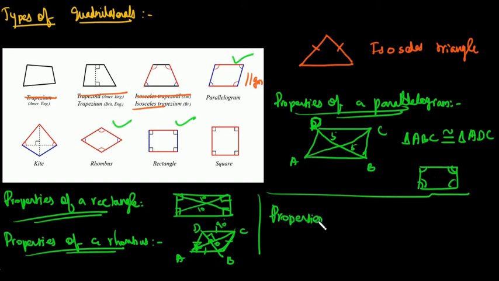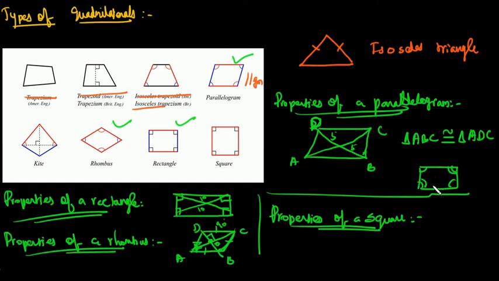Properties of a square. What are the properties of a square? Since every square is a parallelogram, all the properties of a parallelogram belong to a square also. Do you agree?